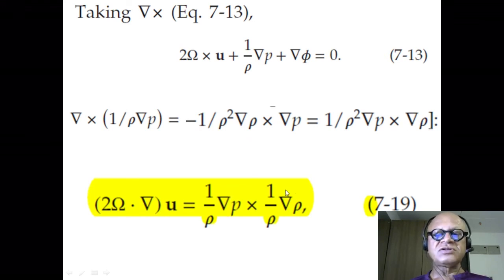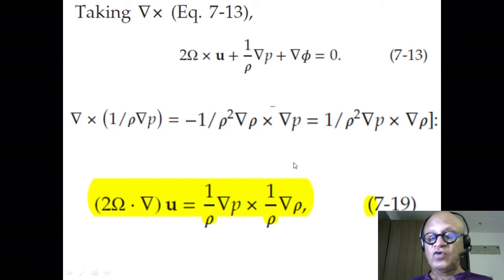What is this grad p cross grad rho? Remember that rho is only a function of pressure. So that means the density surfaces and pressure surfaces are parallel to each other, which means the cross product of their gradients will be 0.